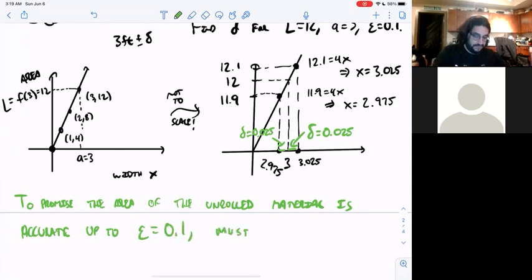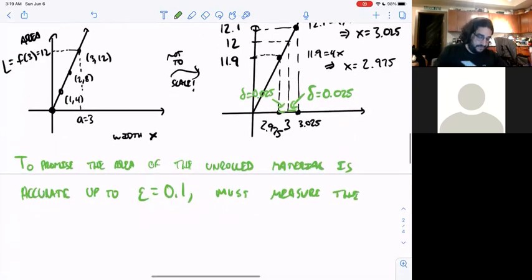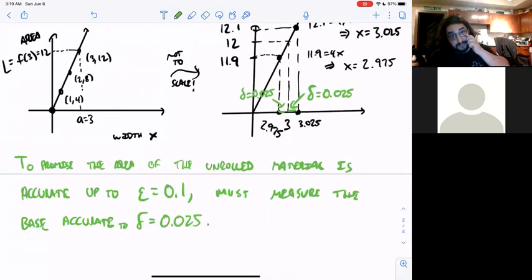We must measure the base of it, the length of the unrolled material, with greater accuracy, right? So you need a tool that measures down to 0.025 feet of accuracy, right?